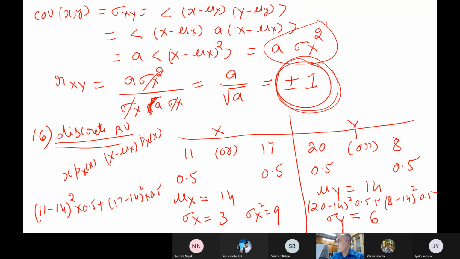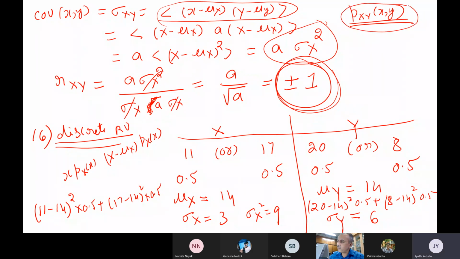Just now we told you, for the one-dimensional case you calculate this integral. To find out covariance, what do you require? I have written it: you require the joint density. The two-dimensional density function is required.